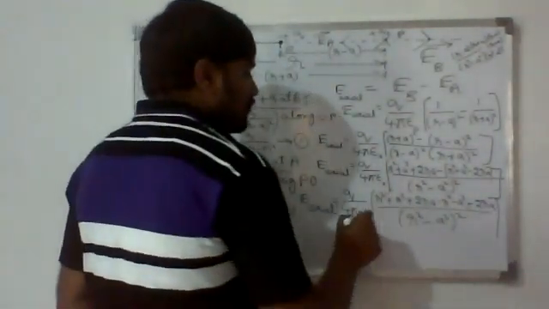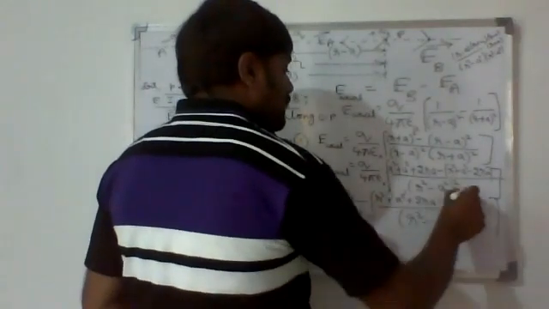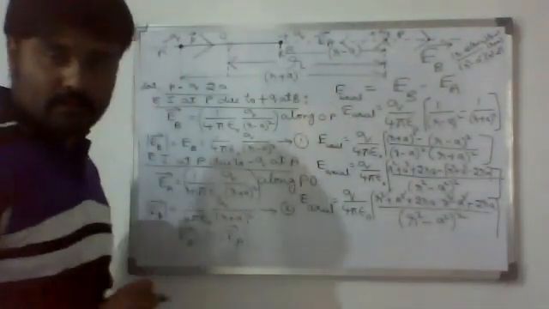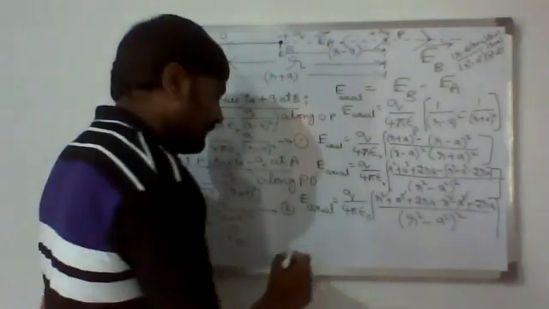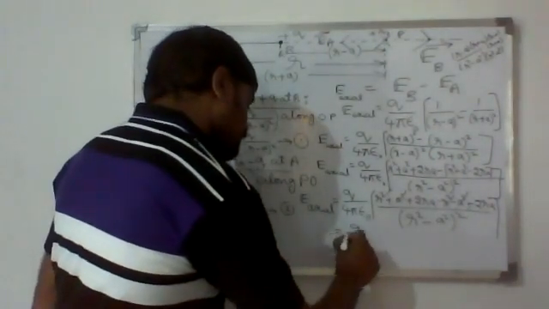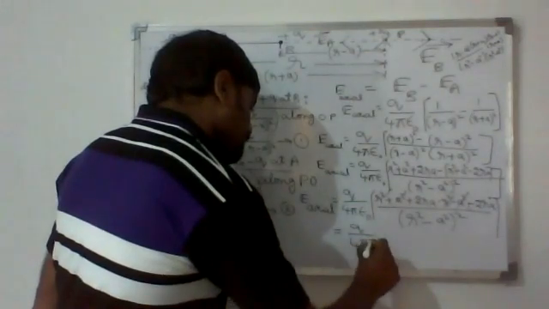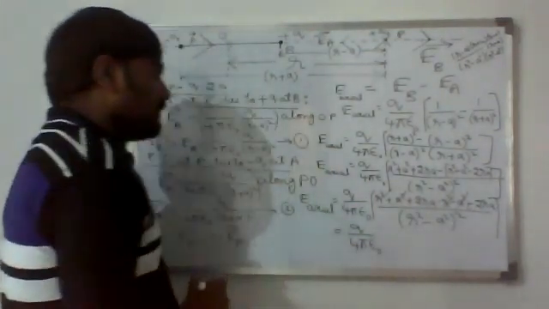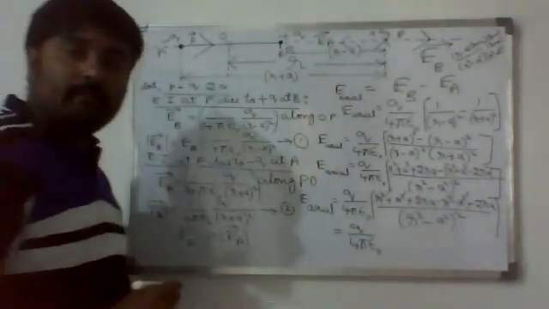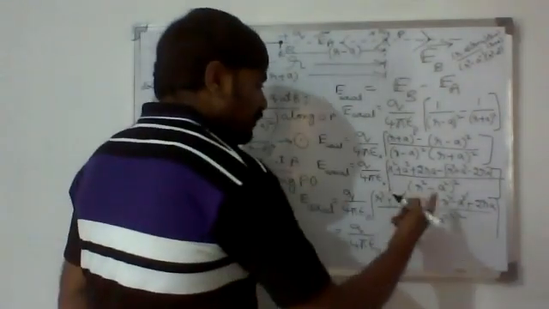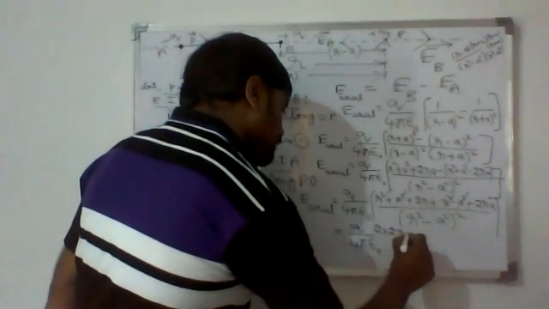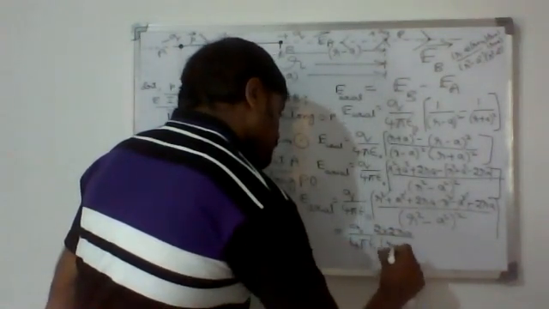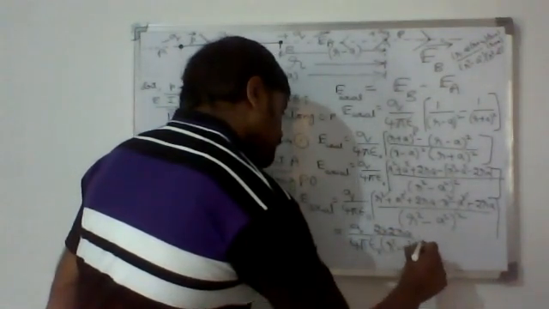So now R square and a square get cancelled. The remaining is 2 into 2Ra, Q divided by 4 pi epsilon naught, 2 into 2Ra divided by (R square minus a square) whole square.